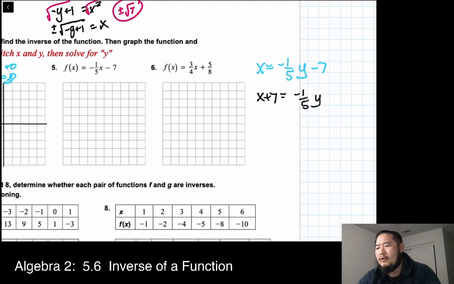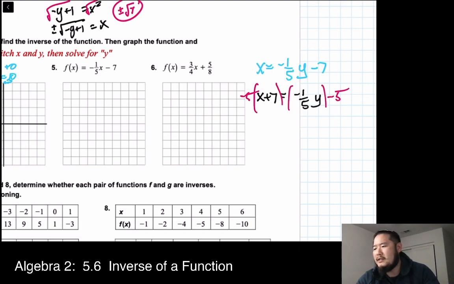And then in order for us to get rid of the negative 1/5, how about we multiply both sides by negative 5, the reciprocal. The reason why I said negative 5 instead of positive 5 is I don't want that negative over here on the right hand side.